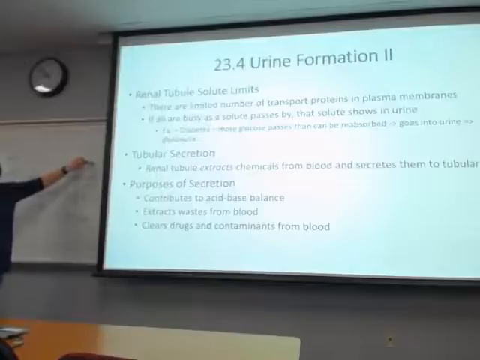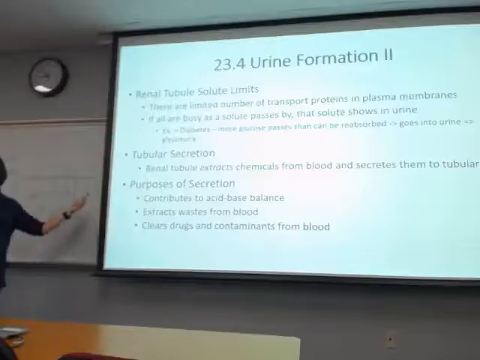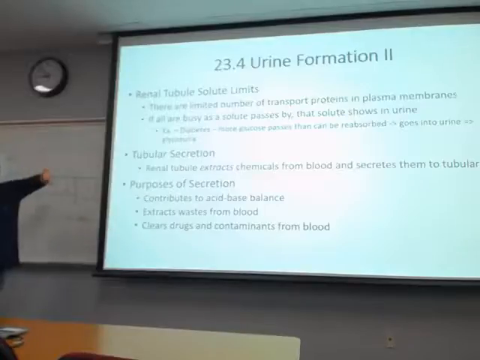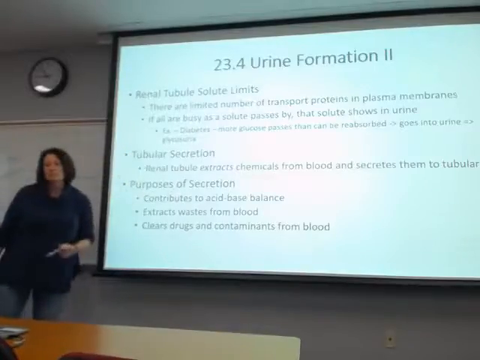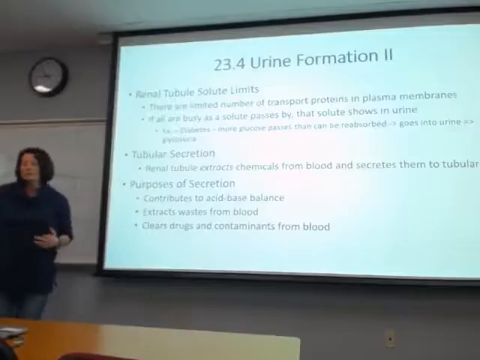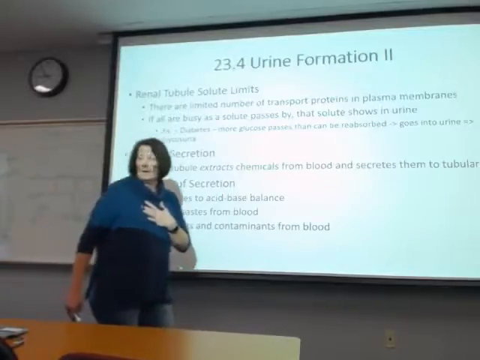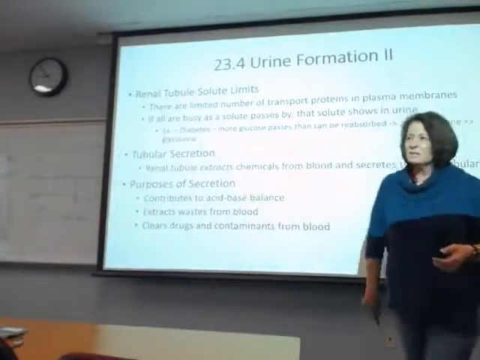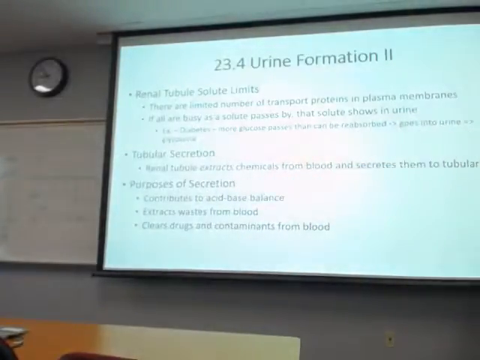And if they do, they are then going to make their way into the next segment of the nephron, the distal convoluted tubule, and so forth. This is what happens with diabetes. In diabetes, what is the major problem that is associated? Insulin's not functioning correctly, so the glucose is not being used correctly. So a lot of glucose makes it to the nephron.